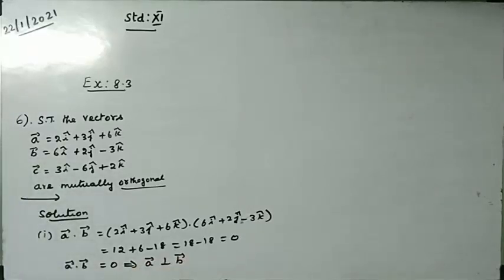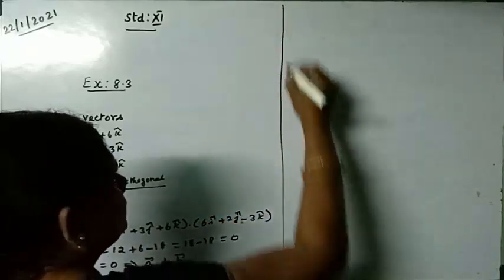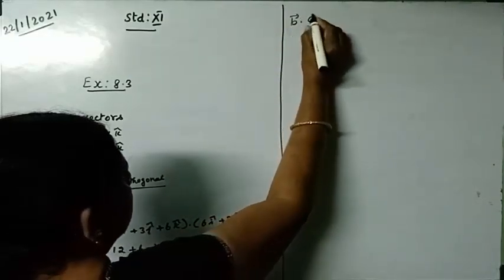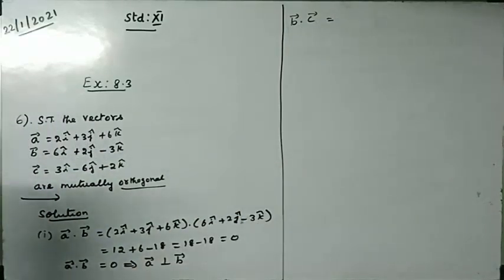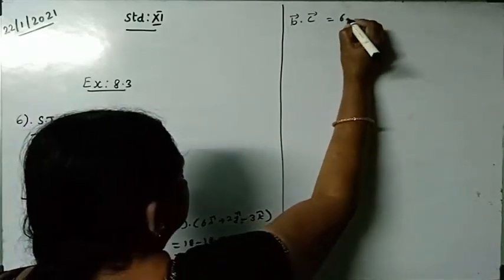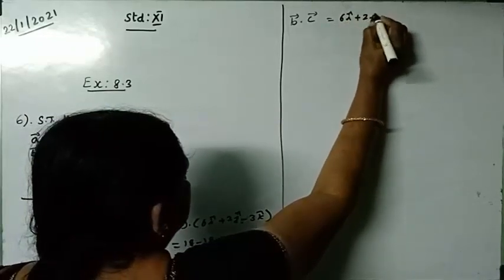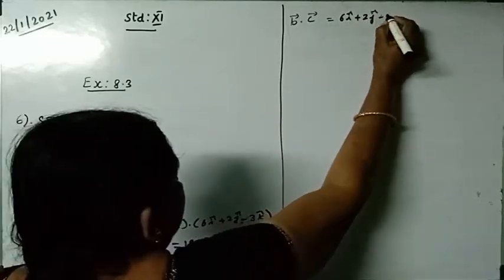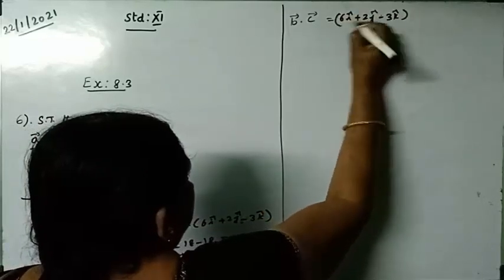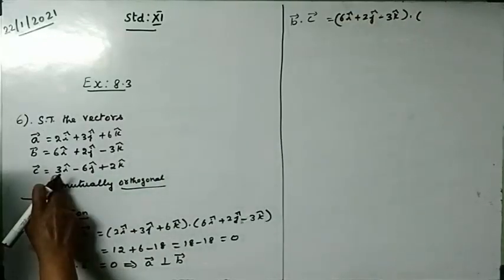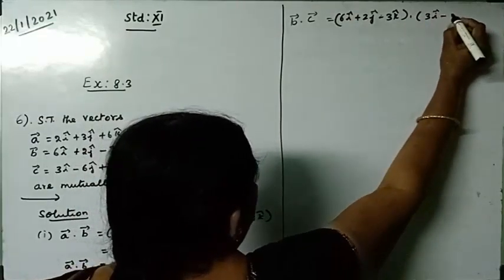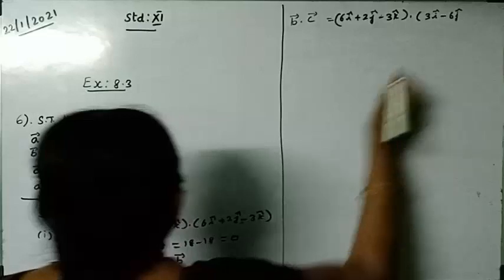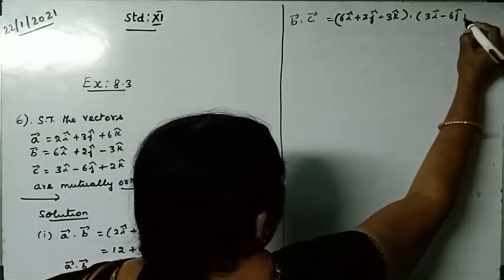So one condition proved. Then if I take B and C, B vector dot C vector is equal to, so what is B vector? 6i cap plus 2j cap minus 3k cap dot, what is C vector? 3i cap minus 6j cap plus 2k cap.